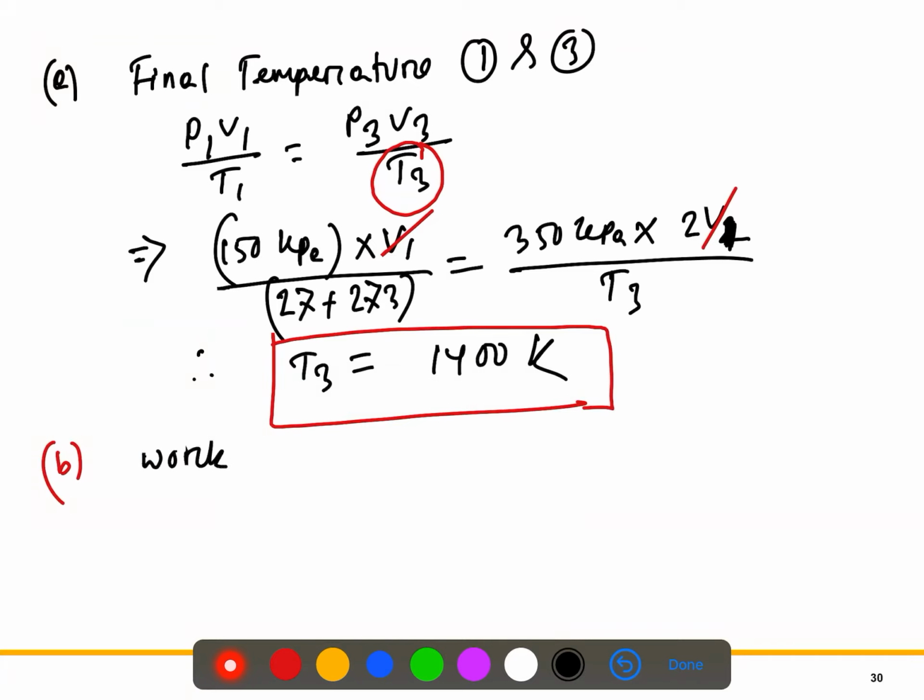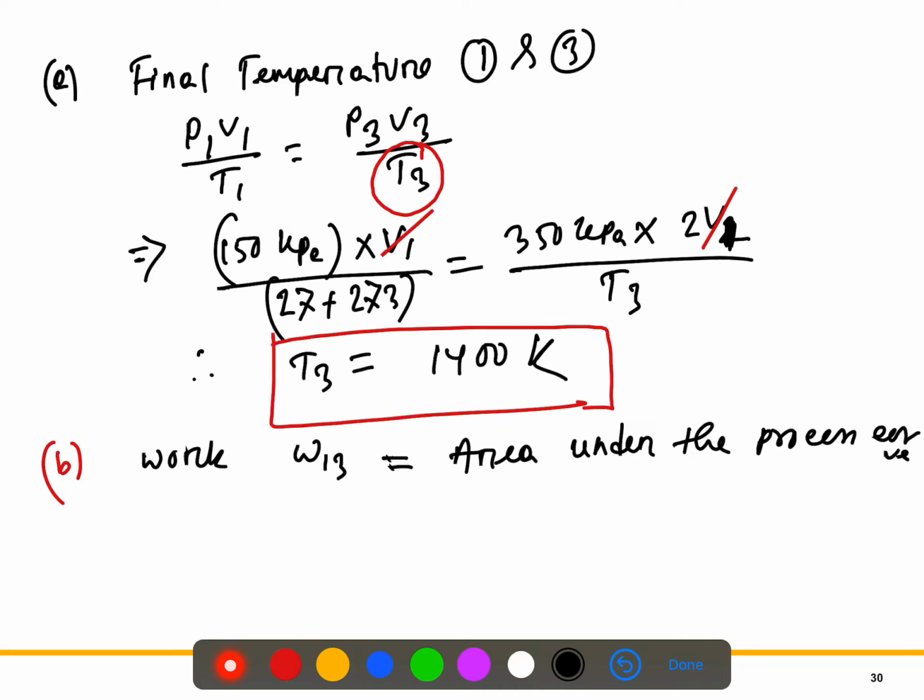this way. The work done, we can say W, or we can say W 1 to 3. That means state 1 to state 3. We can write it is equal to the area under the process curve.